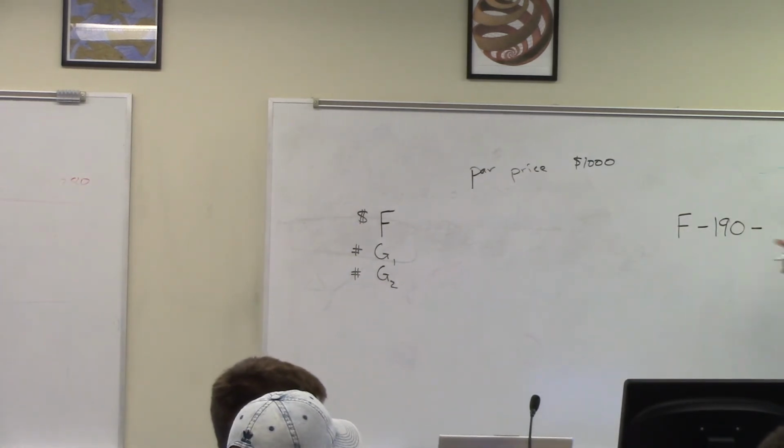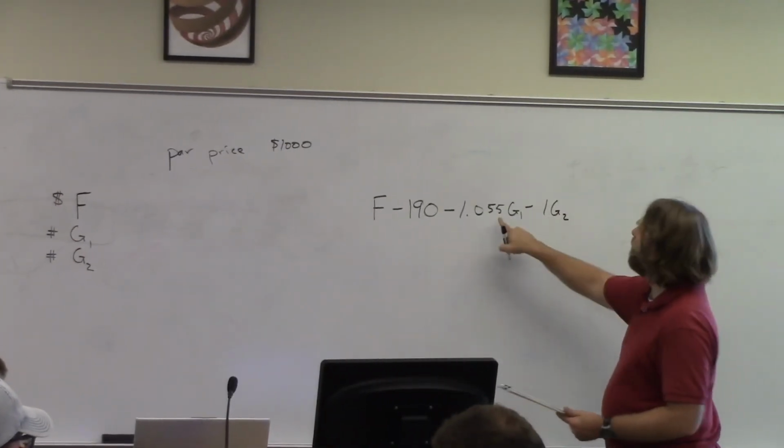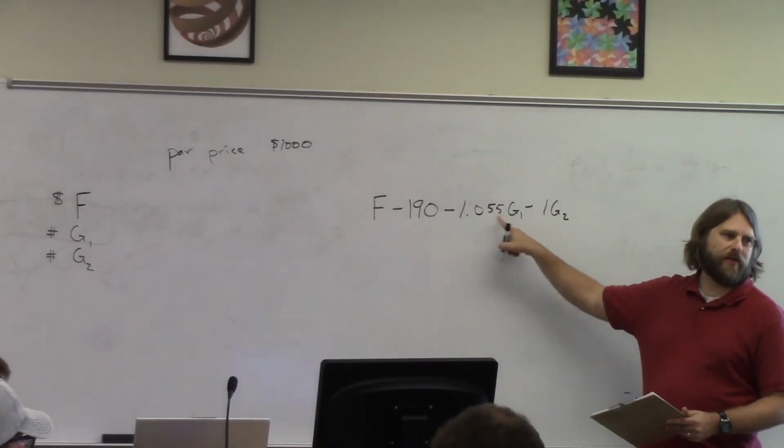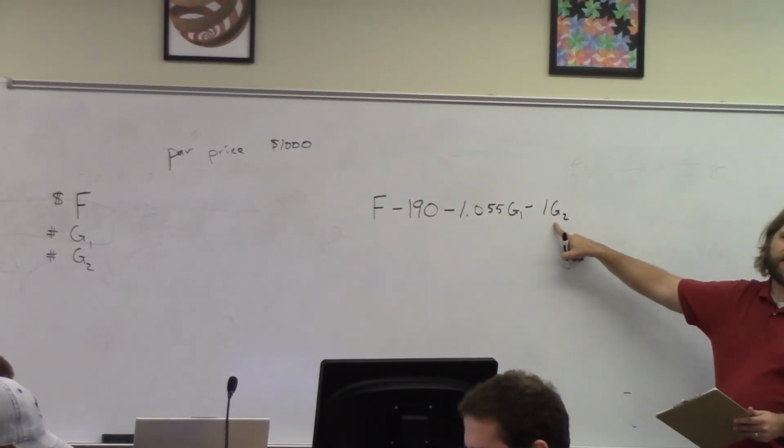Also, I'm doing this in thousands of dollars. You have to buy your government securities. Right, and the purchase price for this government security is $1,055, whereas the purchase price for this is $1,000.